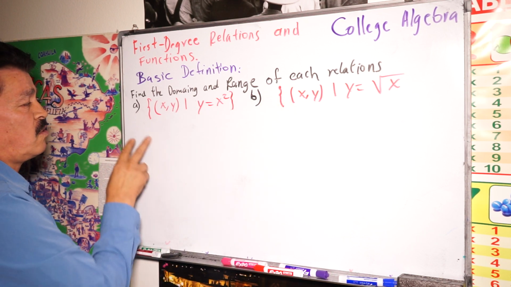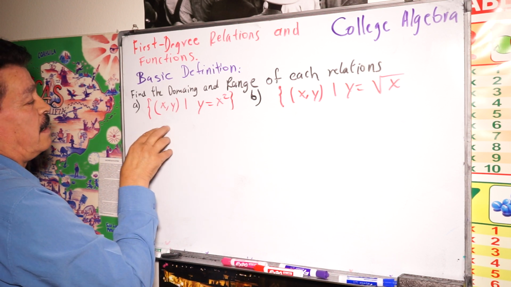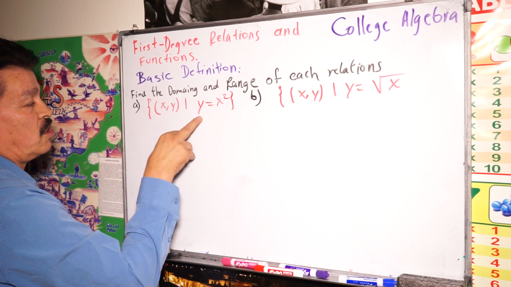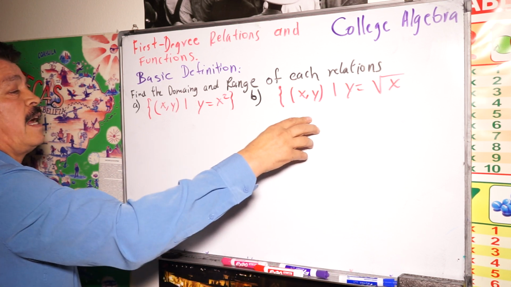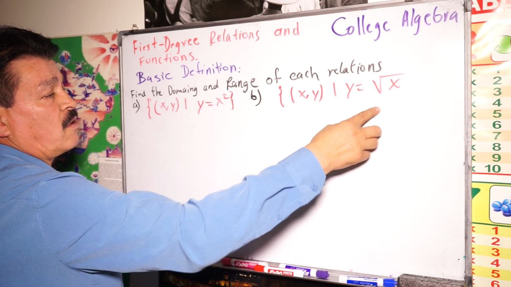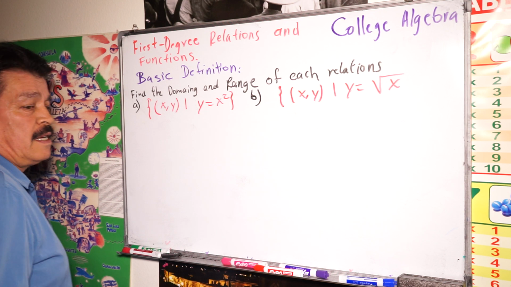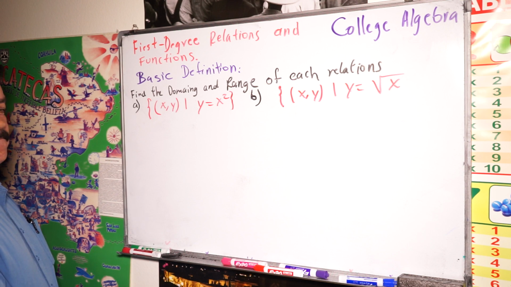We have two problems. A is the set of (x, y) such that y equals x to the second power, and B is the set of (x, y) such that y equals the square root of x.